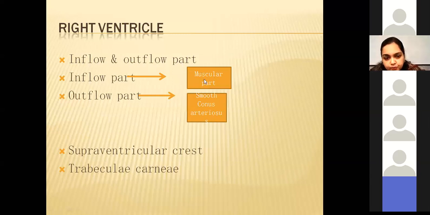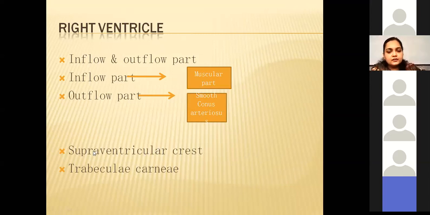The muscular rough part is also called the inflow part, and the smooth part is also called the conus arteriosus, or the outflow part, from where the blood goes to the pulmonary trunk. In the internal features of the right ventricle, we have the muscular part, and for the ventricle we use the terms trabeculae carneae and papillary muscles, while musculi pectinati are for the atrial wall muscles. The outflow part is the smooth part, the conus arteriosus.